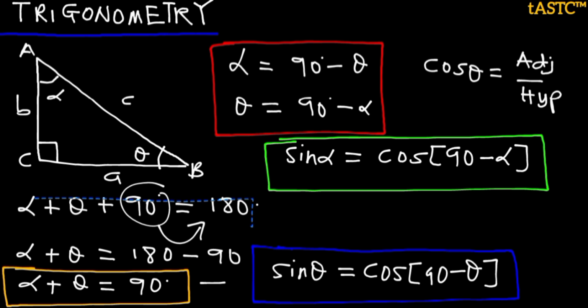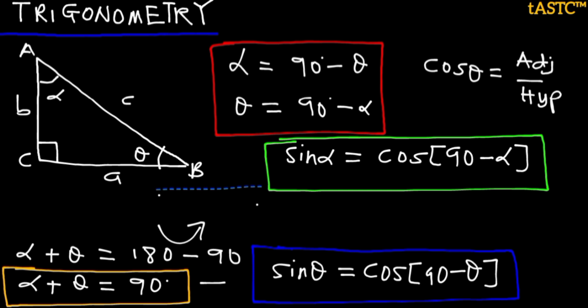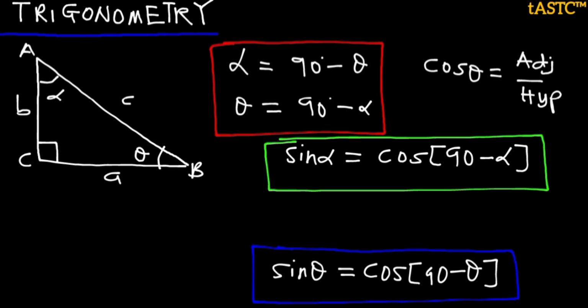Now you need to know that you could express this in terms of cosine also. So I'm just going to show you that briefly. If you do not really want to write it in terms of sine, you could write it in terms of cosine. And if you worked it, that would give you the same thing as what you have here. So you could also have cos alpha that will be equal to sine of 90 minus alpha.